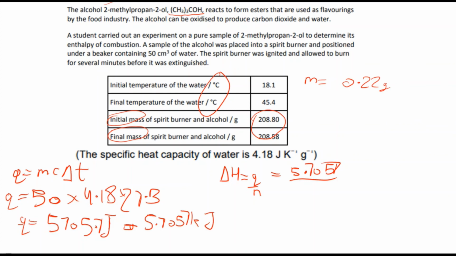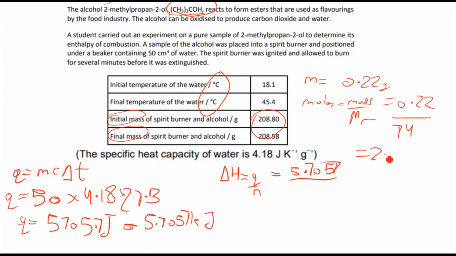So to find the moles, what I need to do is moles equals mass divided by Mr. So we have been given the formula for 2-methyl propanediol earlier, so the Mr is 74, so I get 2.97 times 10 to the power of minus 3, and these are the moles of this.